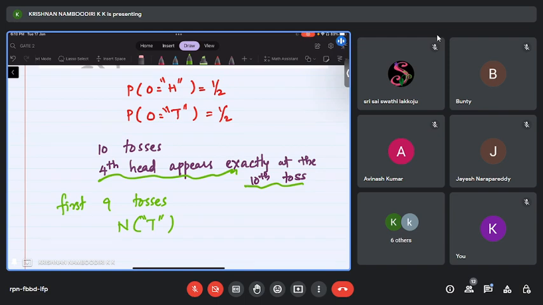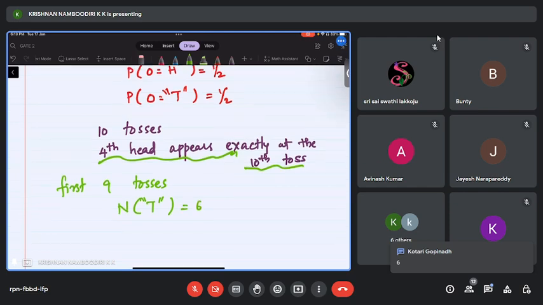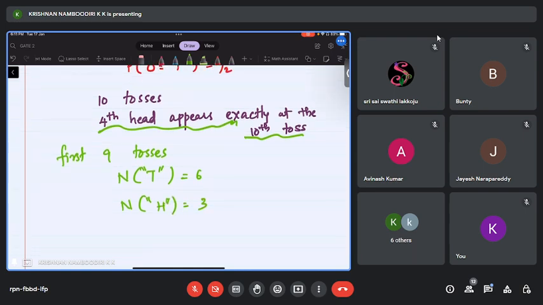Then if you consider the first 9 tosses, the number of tails would be 6, correct? And the number of heads would definitely be 3, correct? So in the first 9 tosses, there should be exactly 6 tails and 3 heads.